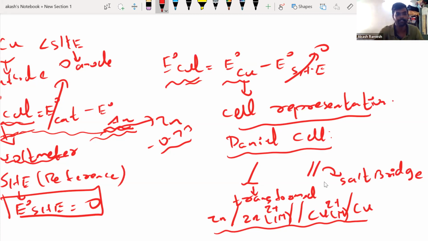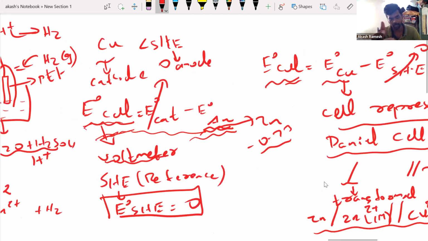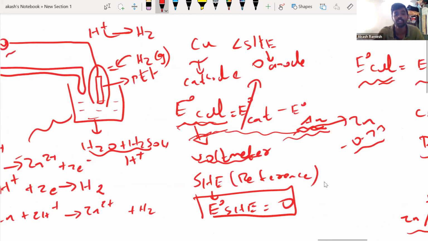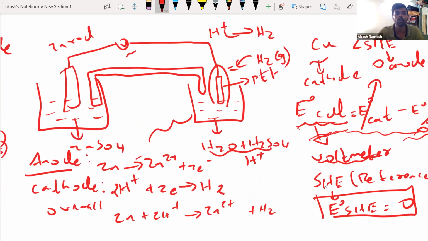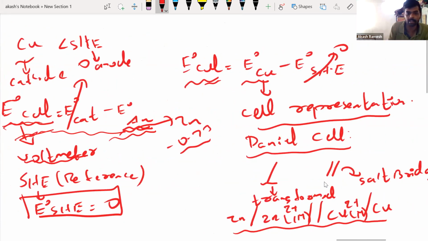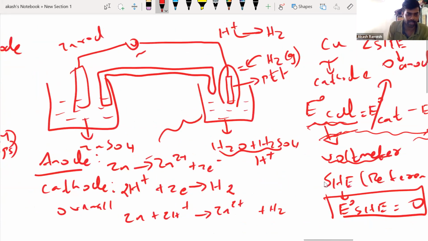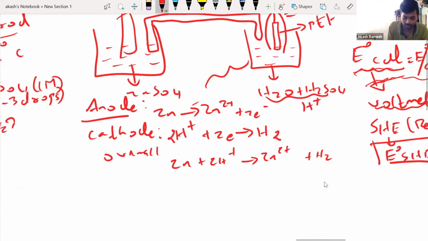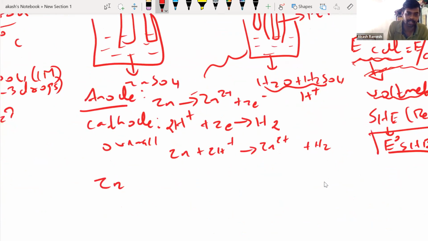Now say for this particular cell, I have the zinc coupled with SHE. How do I represent the cell? We'll see. Again, we start with the anode, zinc becoming Zn2+, no issues.